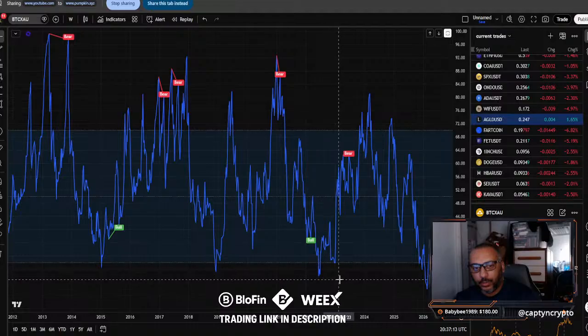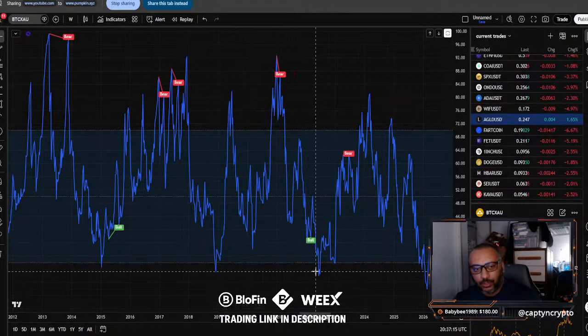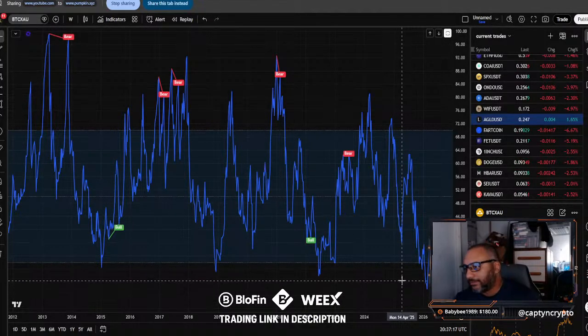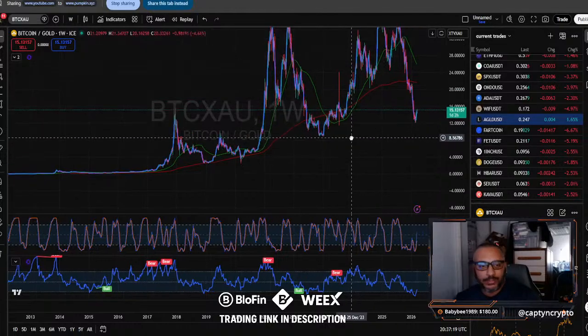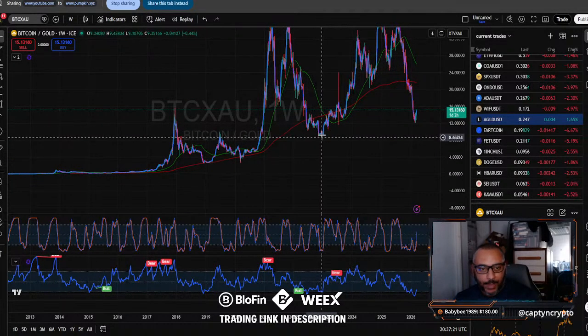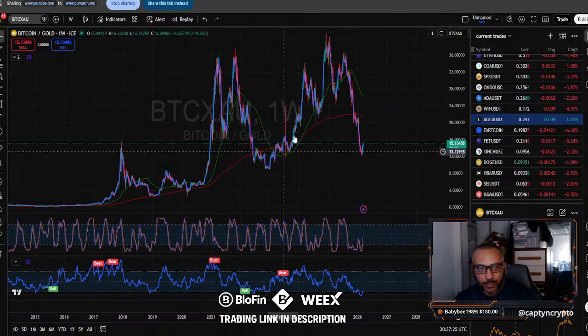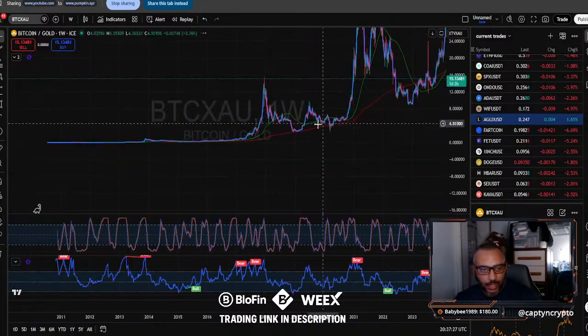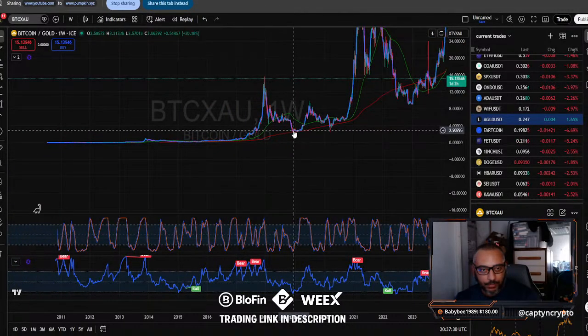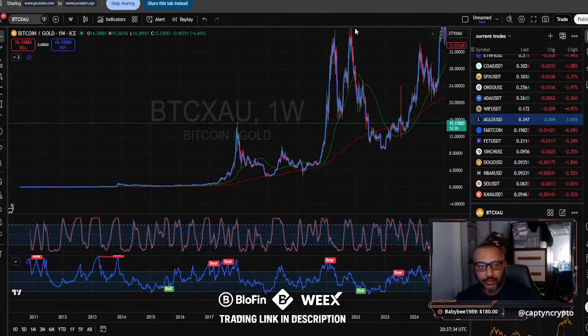And historically, what happens is every time we get oversold, we start seeing new bull runs. So the argument is back here marked the lows of the last bear market, and then we rallied like crazy. Back here marked the lows of the bear market. We rallied like crazy. We all know what happened here.